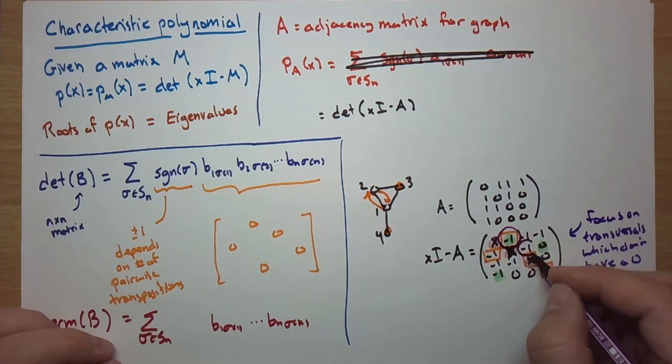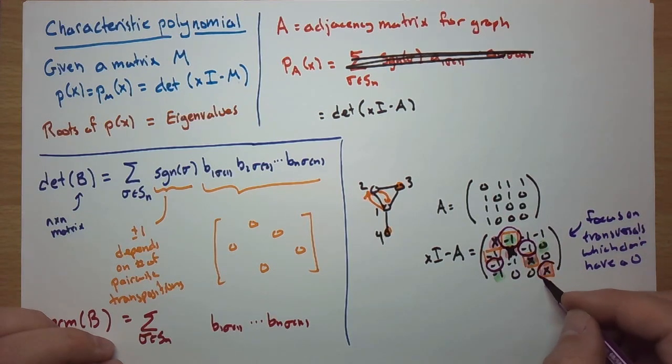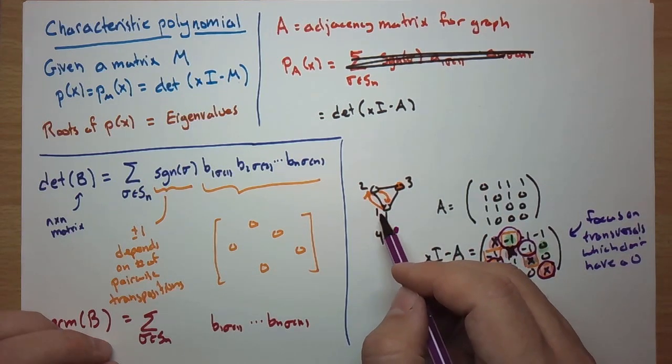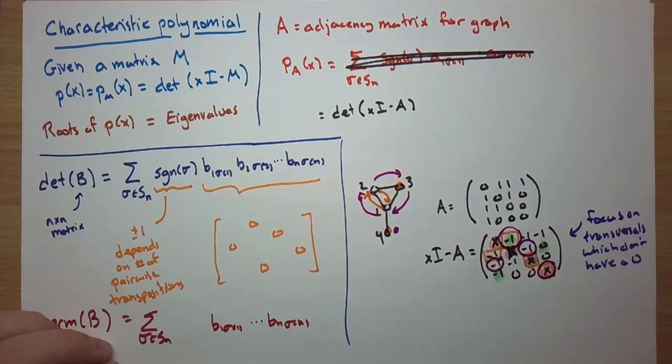Circles, circles, and circles. It's the circle of life. Now, what do we have here? We have a single vertex that's not being used, so that's 4. And then we have 1 to 2, 2 to 3, 3 to 1.